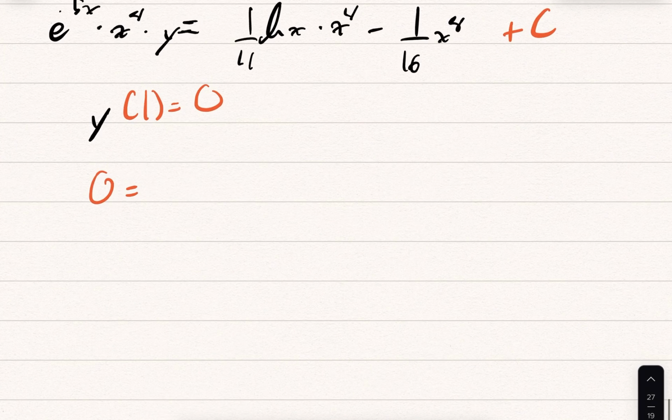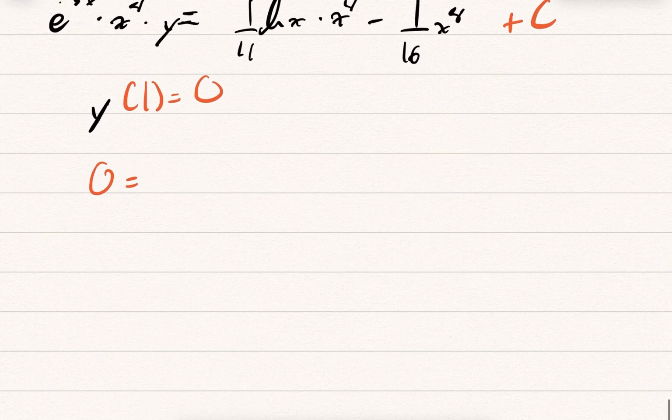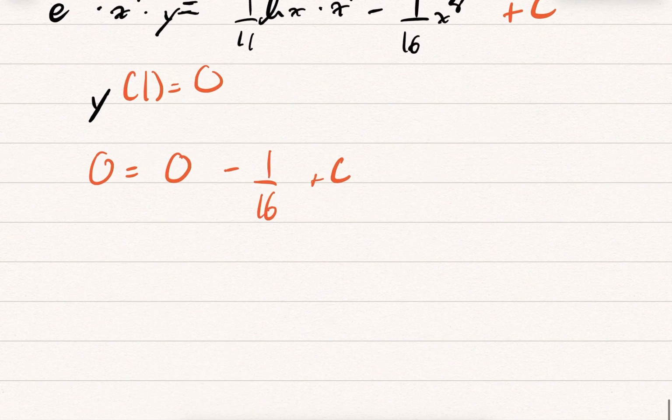Oh, it's at 1. Okay. Yeah, so left hand is that. And then I'm going to get 0 minus 1 over 16 plus c. And c equals 1 over 16.